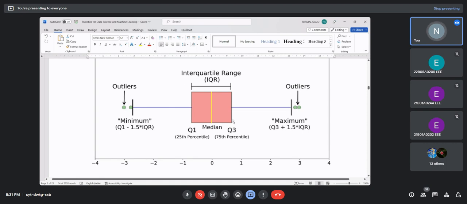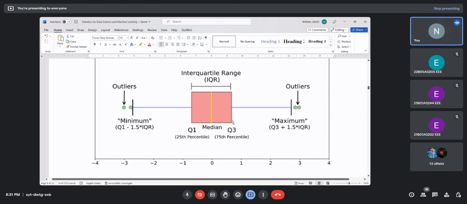This is Q3, 75% distribution. Either I would say 25th percentile or 75th percentile, or 25th quartile or 75th quartile. So here is Q1 and Q3, and Q3 minus Q1 is IQR. That's called the interquartile range.